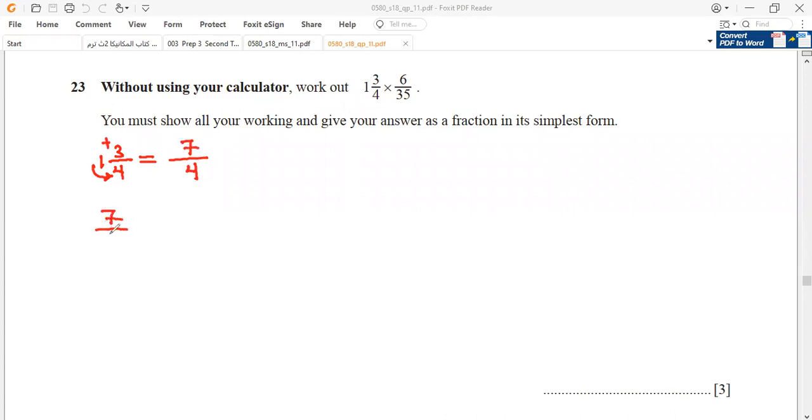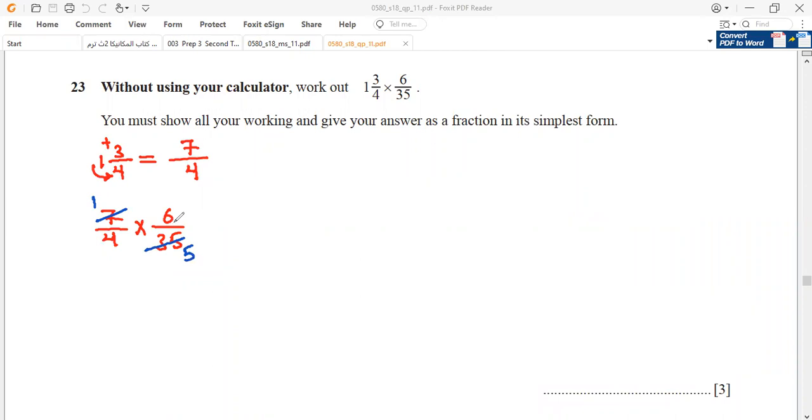So 7 over 4 multiplied by 6 over 35. We should simplify before doing the multiplication. We can simplify the 7 with 35. 7 divided by 7 is 1, and 35 divided by 7 is 5.